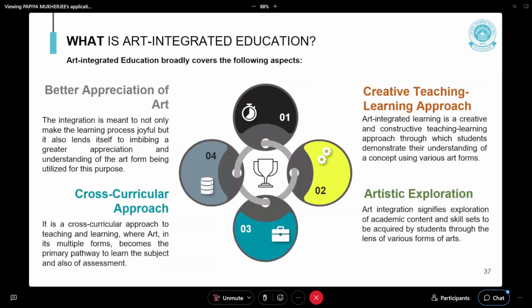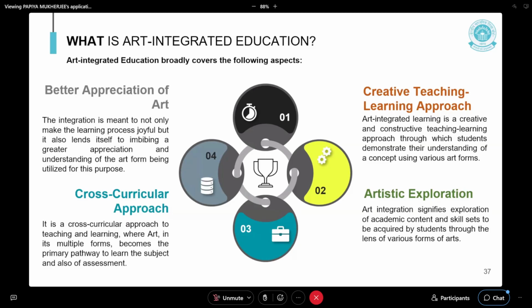What is art integrated learning? It covers basic concepts like better appreciation of art. It helps students appreciate art when they are using it, and understand the concepts of their content by using art in its various forms.